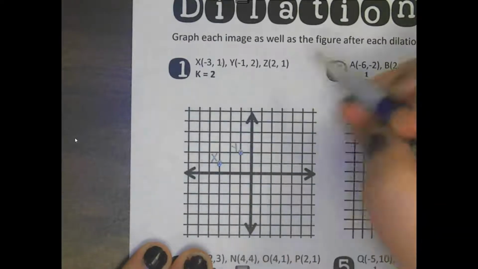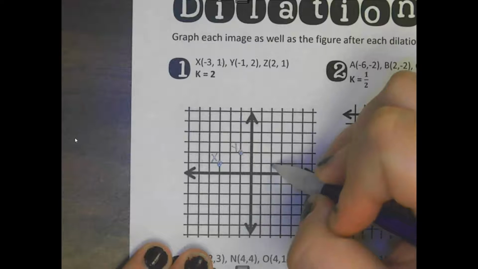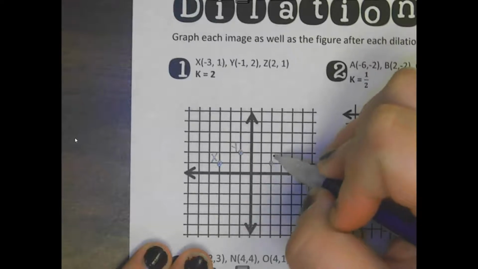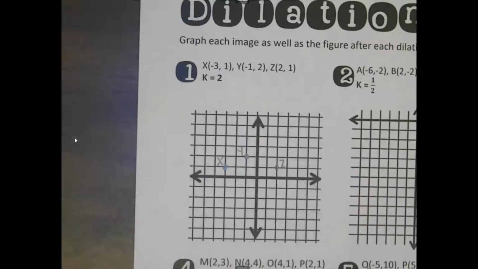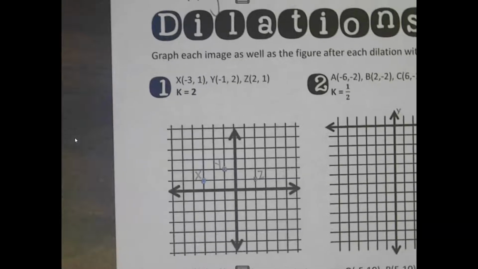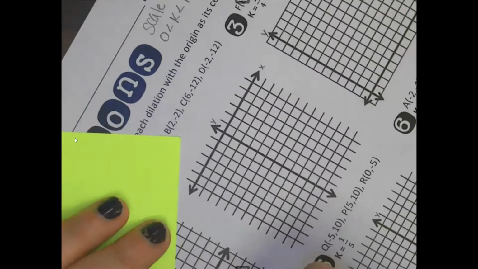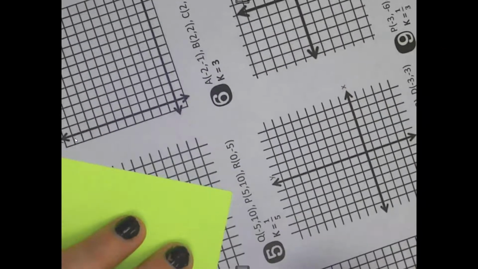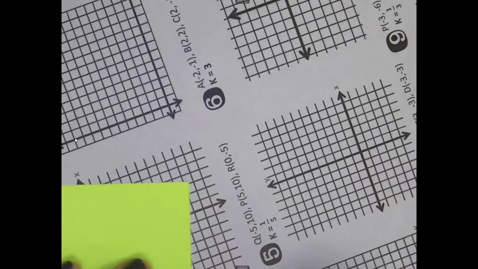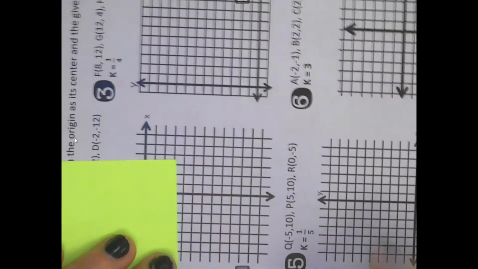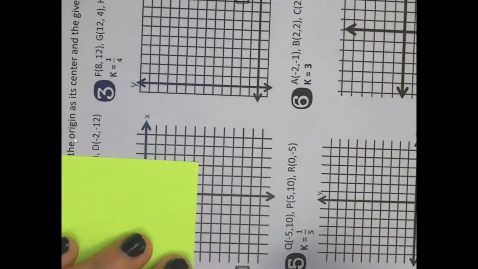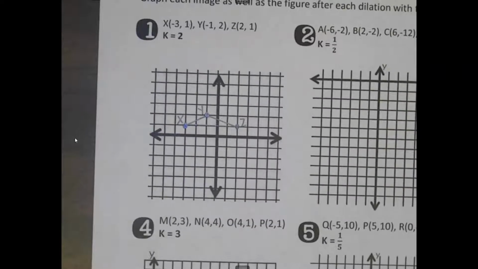Put a Y. And Z is 2, 1, and put a Z. And I am going to play connect the dots. So, using your ruler, I want you to connect those dots. Give everybody a little bit of time.